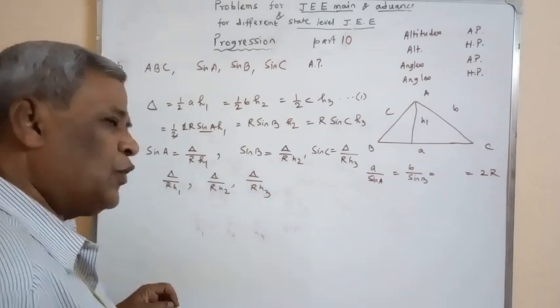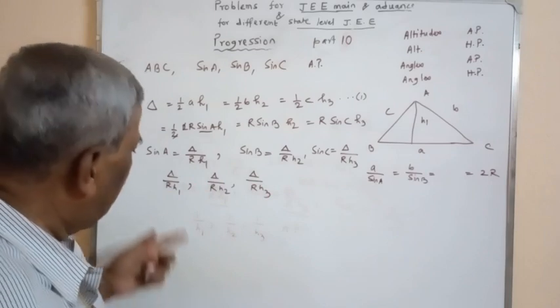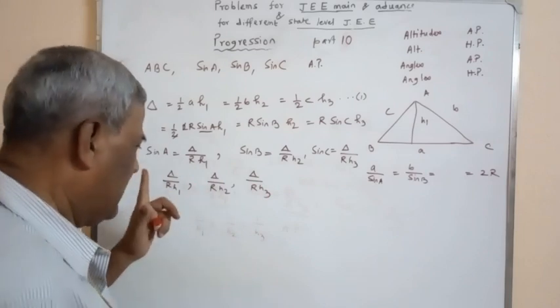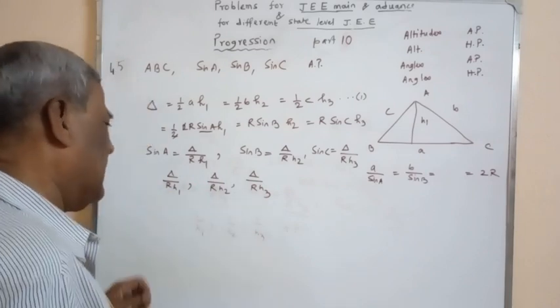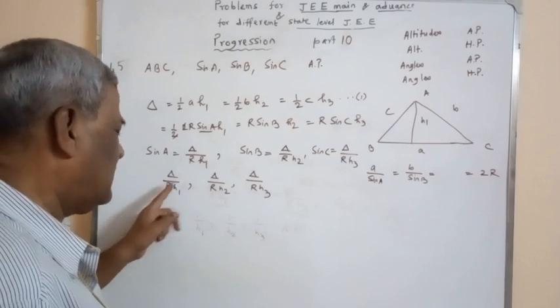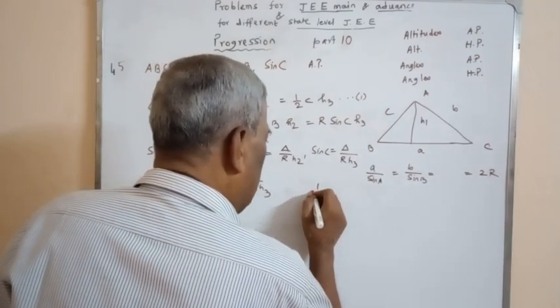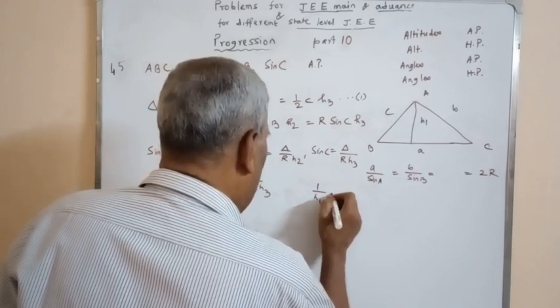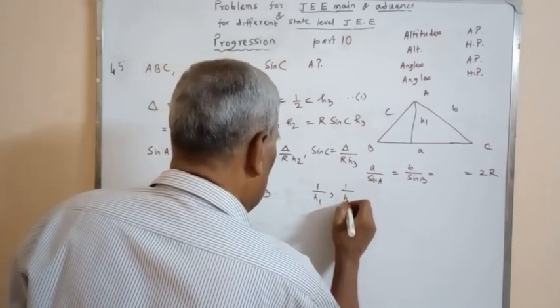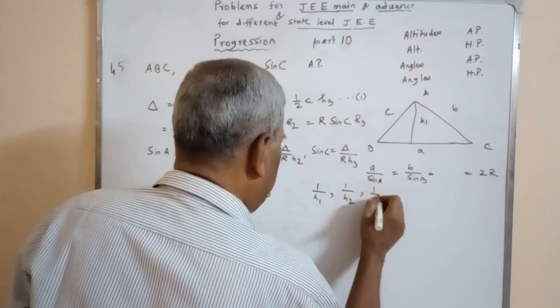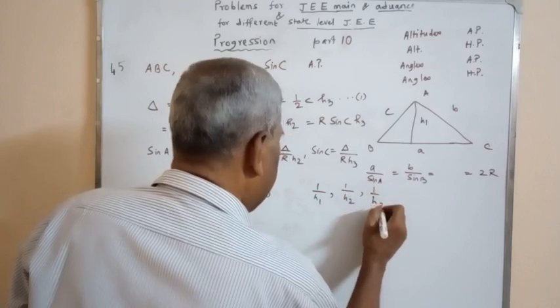Now, dividing throughout by delta by R, the common factor, we can say that 1 upon H1, 1 upon H2, 1 upon H3 are in AP.